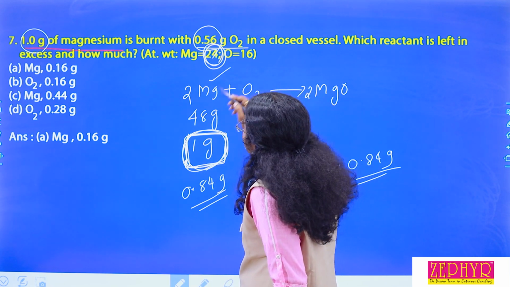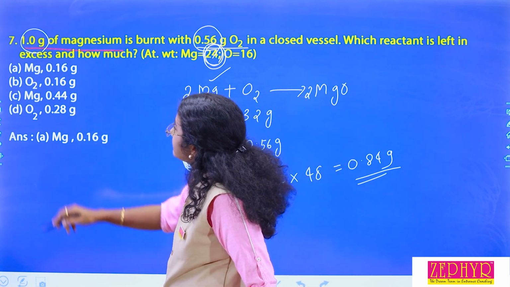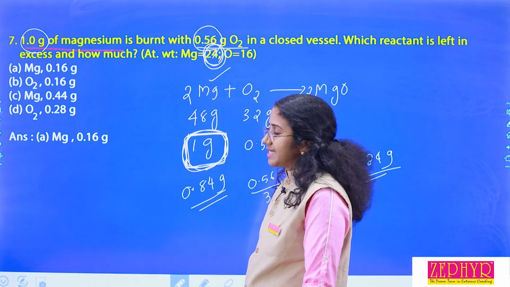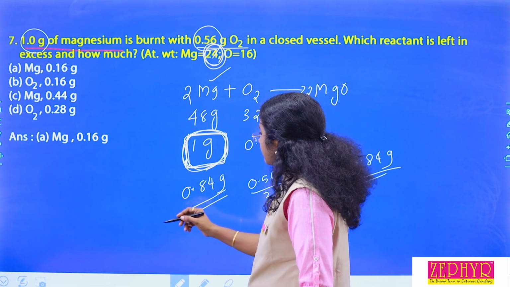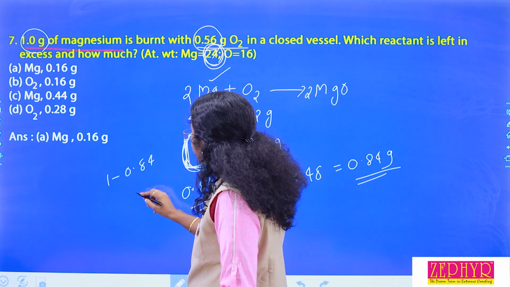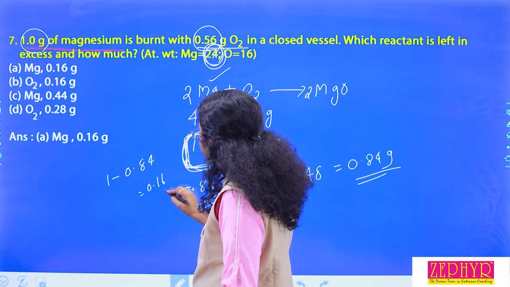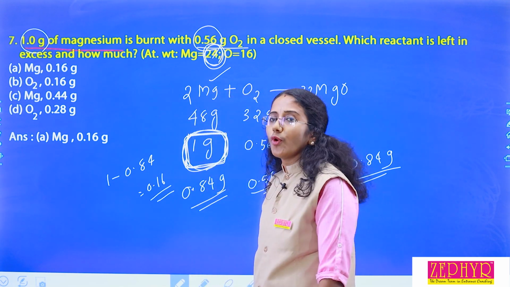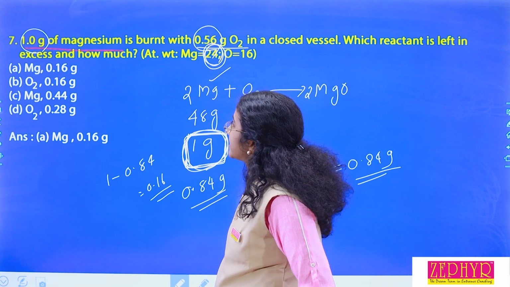So magnesium is the excess reagent. How much? We subtract 1 minus 0.84. The answer is 0.16, so magnesium 0.16 gram. Answer is option A.